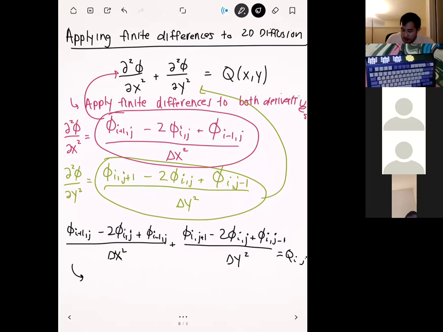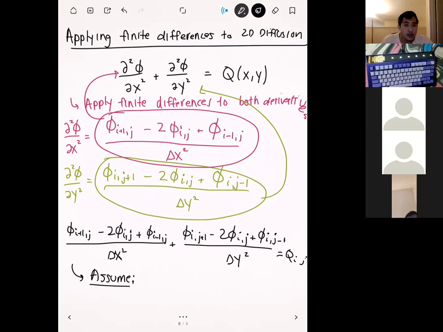And so technically this is right here, but I'm going to simplify this a little bit just to help us with our calculations. And so let me apply an assumption first, just so we can simplify this. Let me assume that the grid spacing in the x and y directions are the same.